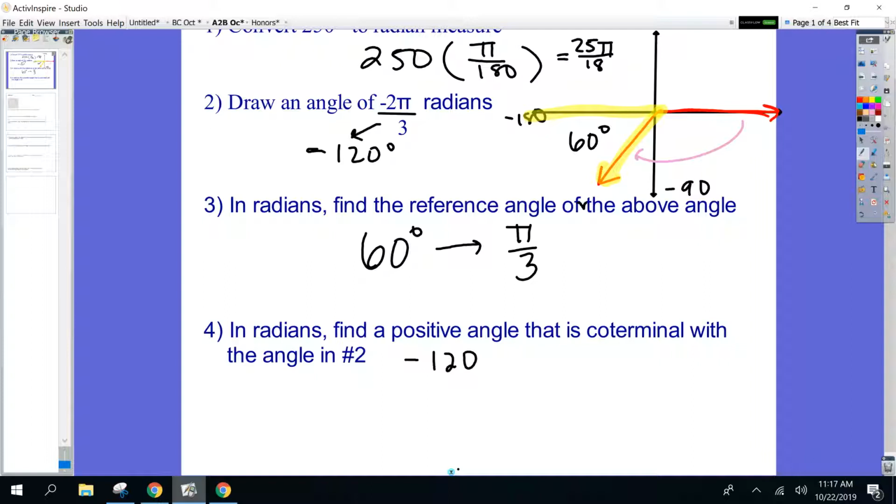An angle that's coterminal shares the same terminal side. We should add or subtract what to it? So I add 360 to it, and I get 240, but what did the problem say? In radians, so you multiply this by pi over 180, reduce, and that turned into 4 pi over 3. Good.